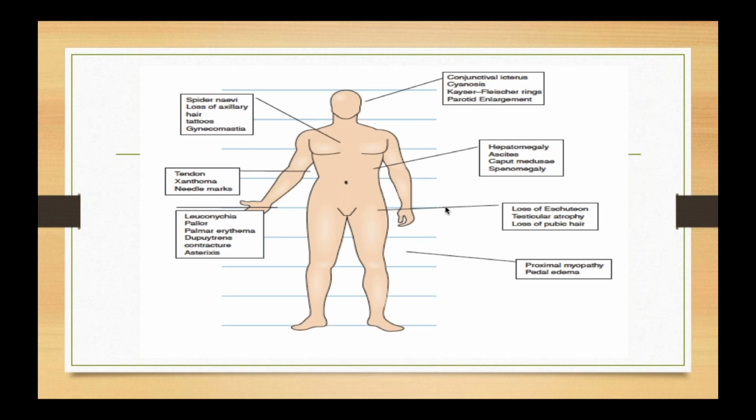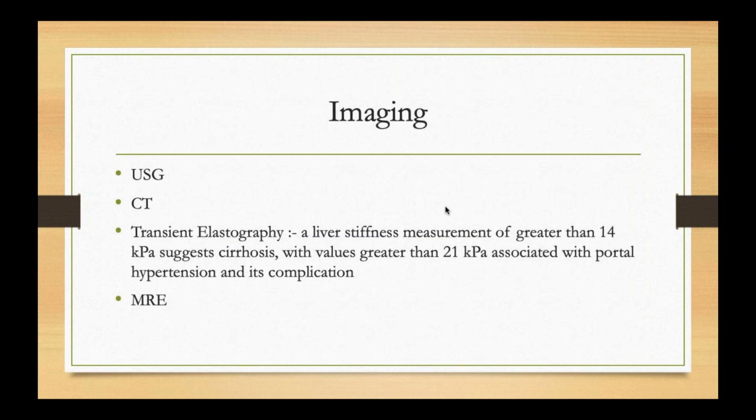Then on the skin: spider naevi, loss of axillary hair, gynecomastia, tendinopathies, leukonychia, pallor, palmar erythema, Dupuytren contracture, asterixis, hepatomegaly, ascites, caput medusae, splenomegaly. All these signs will be seen. These you are well aware of.